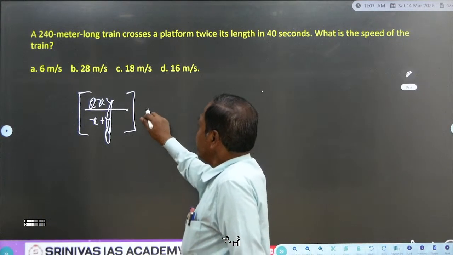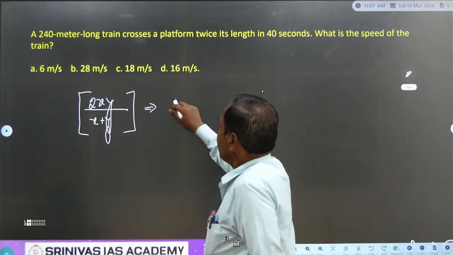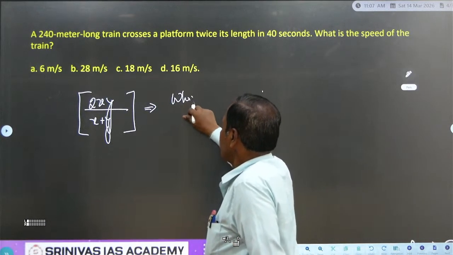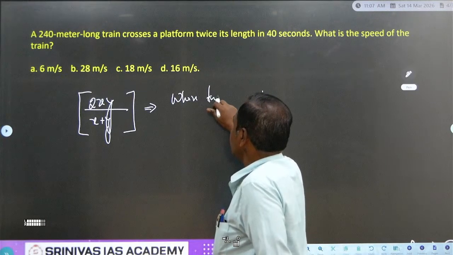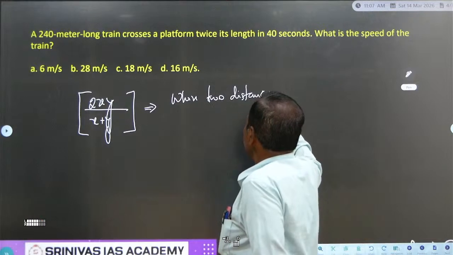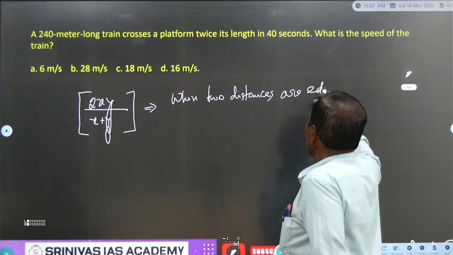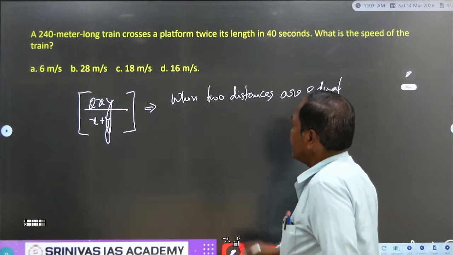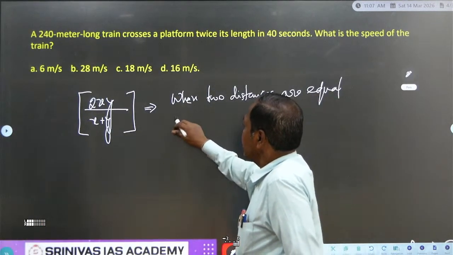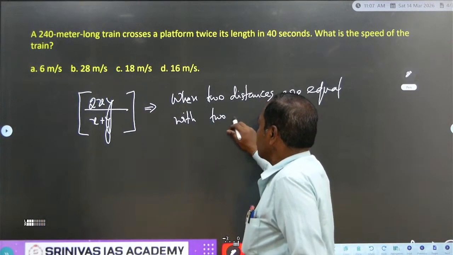And this is possible when two distances are equal with two different speeds.